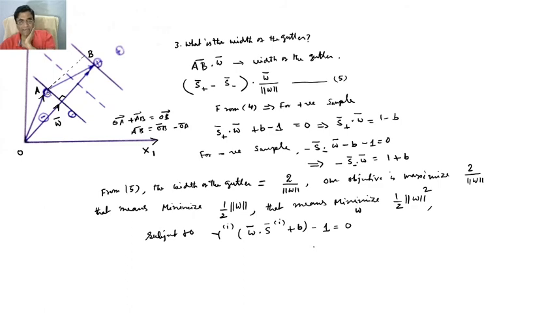Once we have done that, that's the intelligence, that's the elegance of the support vector machine. Once we have done that, we very well know how to solve this. And how do we solve this optimization? We use the Lagrangian multiplier method.